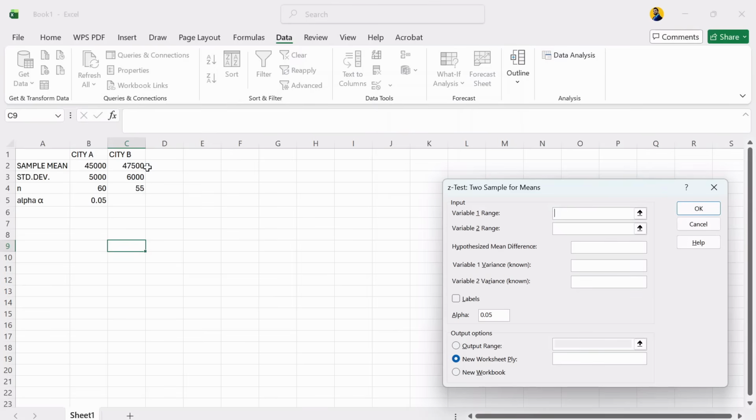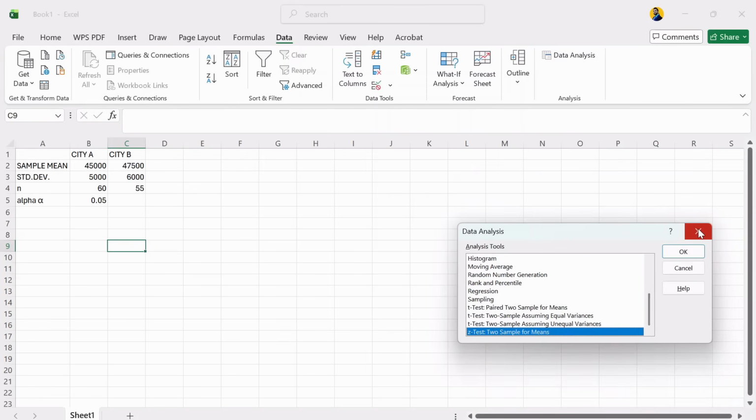We have directly the output like sample mean and standard deviation and all. We don't know what the observations were earlier and from where this particular sample mean arose. So that's why we can't use that particular option here. So we will cancel it.